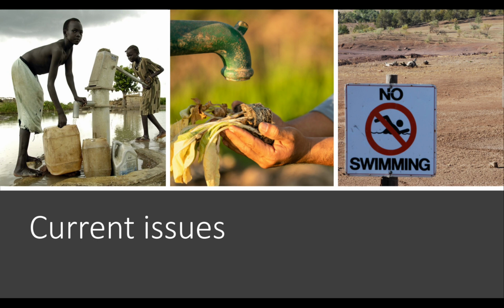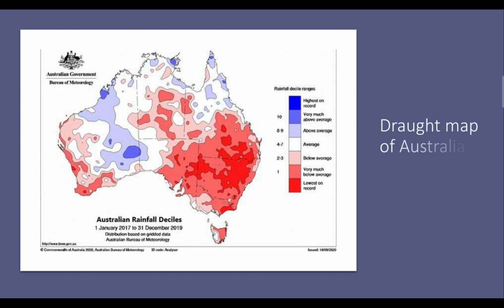We are facing a global water crisis. I'm not joking, look at the drought map that has just come through of Australia. It's not just in Australia, it's not just in underdeveloped or developing countries. In 2016-17 there was a drought in the UK, and people were discouraged from watering their gardens. I'm sure you all remember that. So water is such a precious resource.